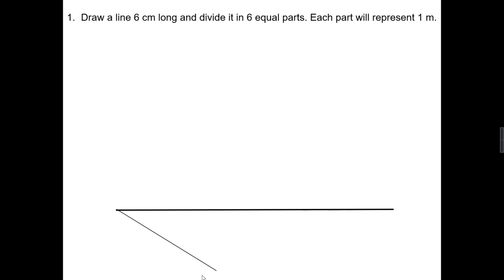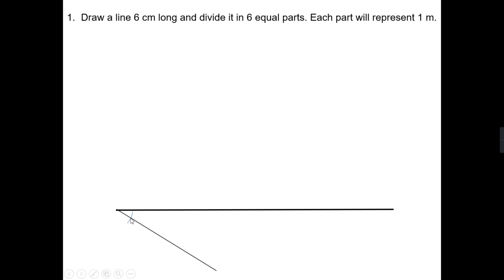So what I will do is I will take an arc of 0.5 centimeter and put it here at the beginning of the line. Then I will cut an arc, and this distance will be 0.5 centimeter, with the help of a rounder.